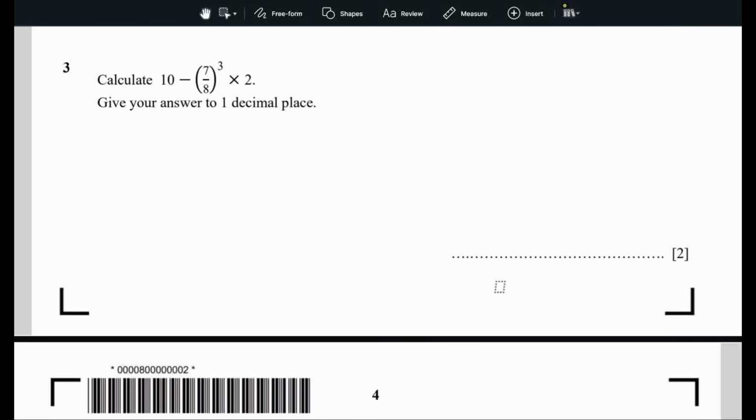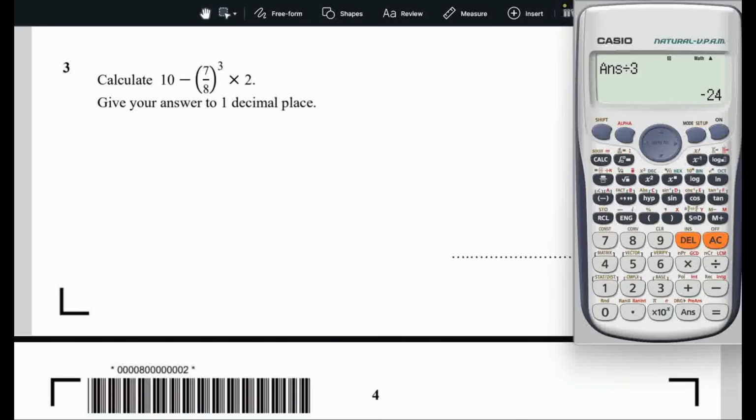Calculate this. Now how can we calculate? We can just write it as 10 minus fraction. In fact, we have to use brackets, fraction 7 by 8 whole cube, multiplied by 2. So the answer will be 8.66.